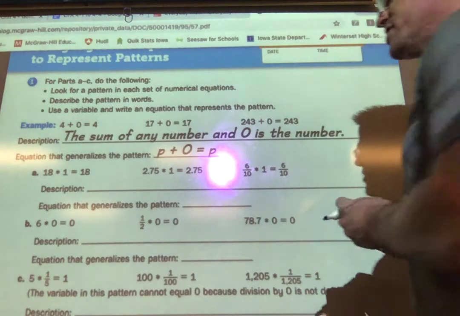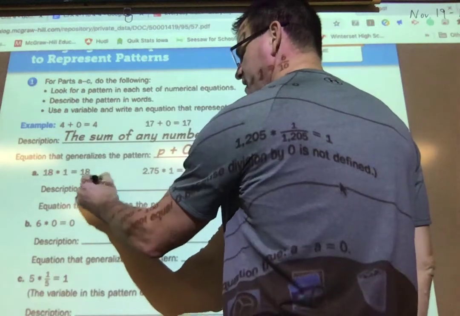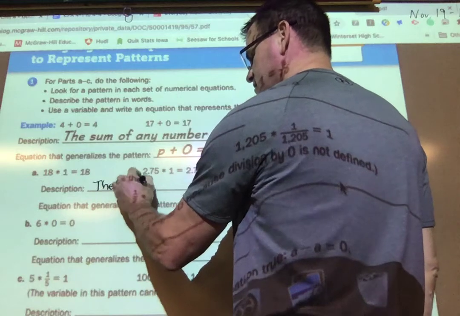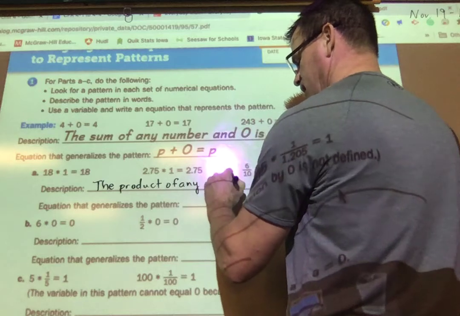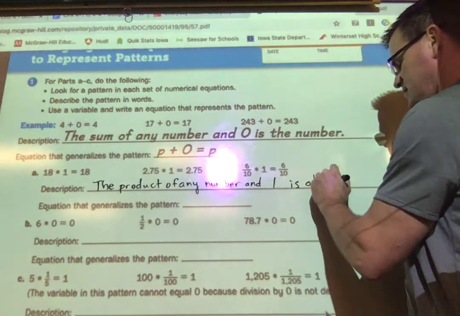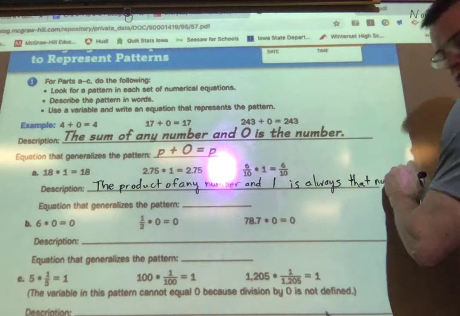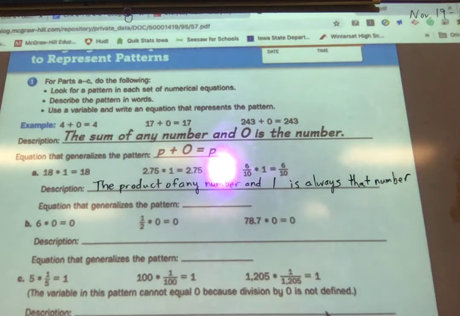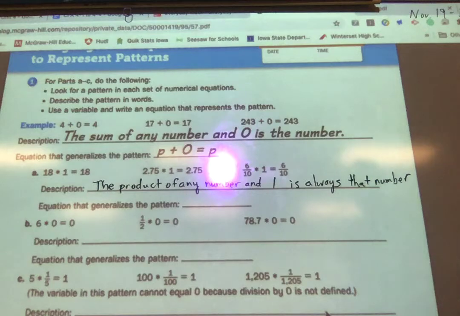If I'm going to use math language here that describes this, I would say the product means multiply, the product of any number and 1 is always that number. Okay, so the product of any number and 1 is always that number. It stays the same, right? 18 times 1, it stays the same. It stays that number. It stays 18. All right, so again, a very easy identity property of multiplication here.